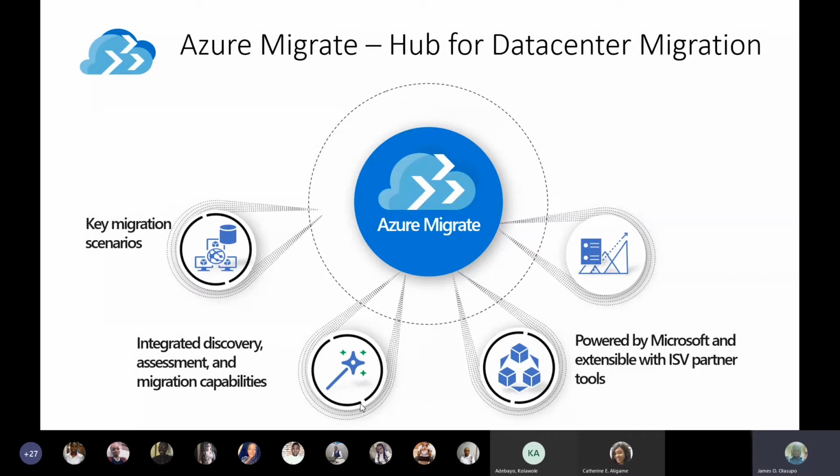You can use it to do your migration to the cloud. And most importantly, you'll be able to track end-to-end migration of your data center and applications into the Azure cloud.